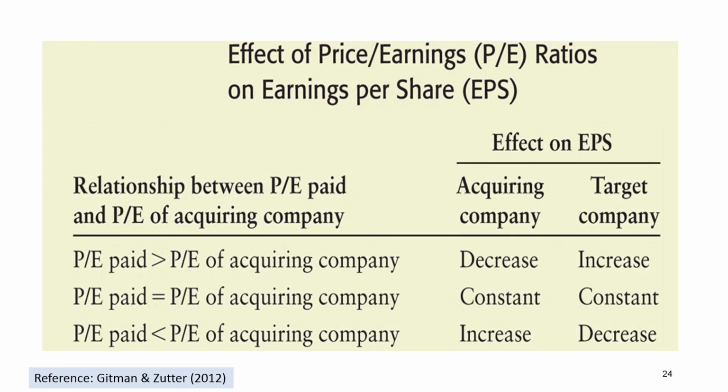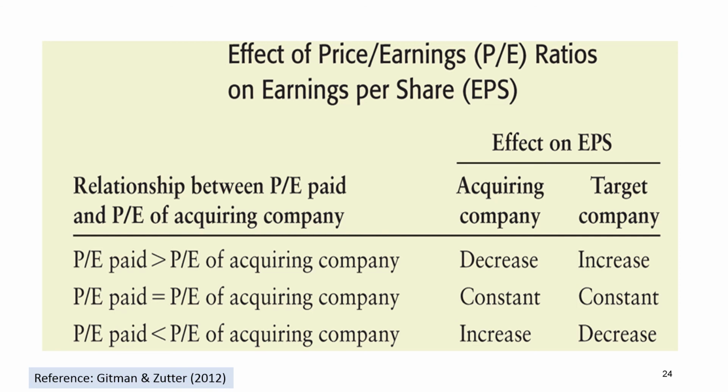This table provides a good reference for the effect of PE ratios on earning per share. If the PE paid is too high, higher than the PE of the acquiring company, it will be a disadvantage for the acquiring company. Therefore, the EPS of the acquiring firm will decrease. Since the target firm managed to sell off at high price, the EPS of the target firm will increase.